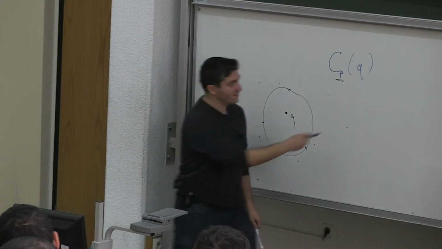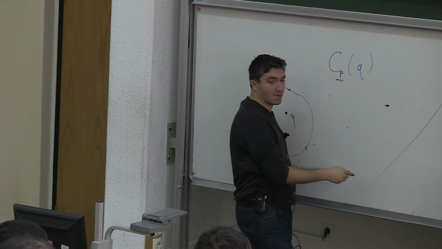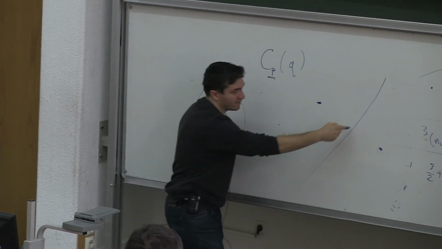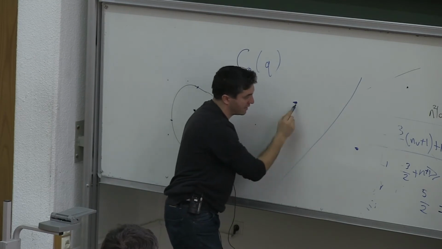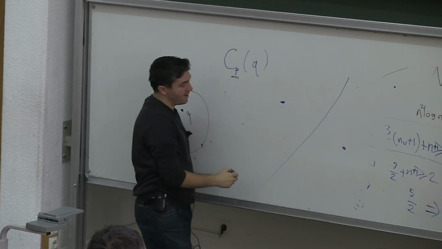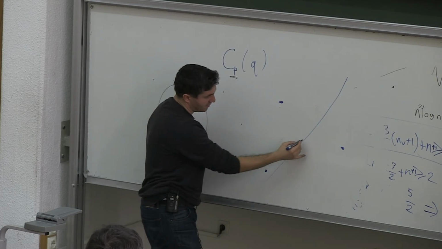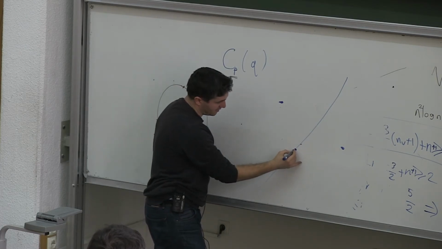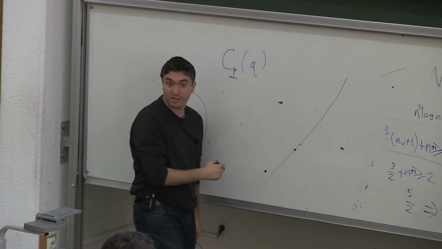So if we had 2 sites, these are the equidistant points to these sites. Now, when there's another site here, we can identify a unique point on this line that is going to be equidistant to these.